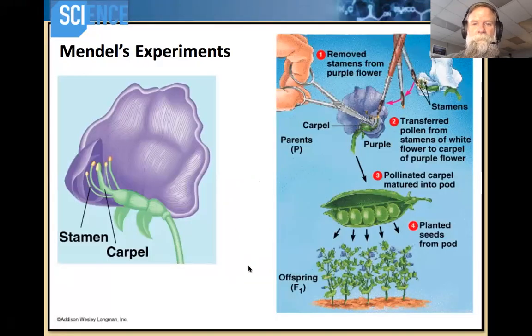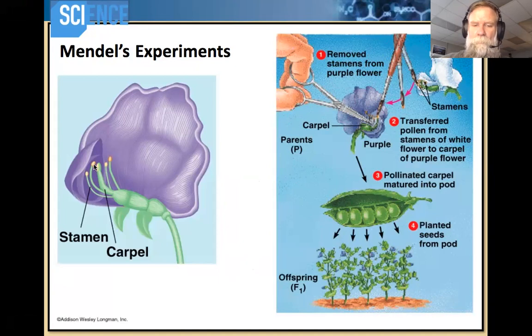Well, you do that by carefully using a thin paintbrush and dabbing it on the male parts of the plant. So these are called the anthers. The anthers at the top are connected to the entire structure called the stamen, the male parts, and these anthers on top are covered with pollen.